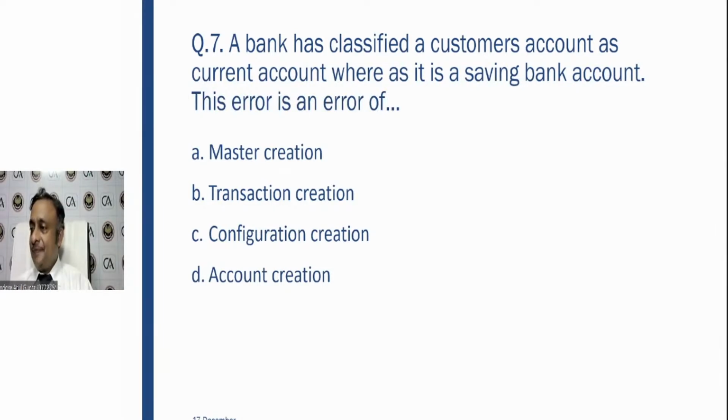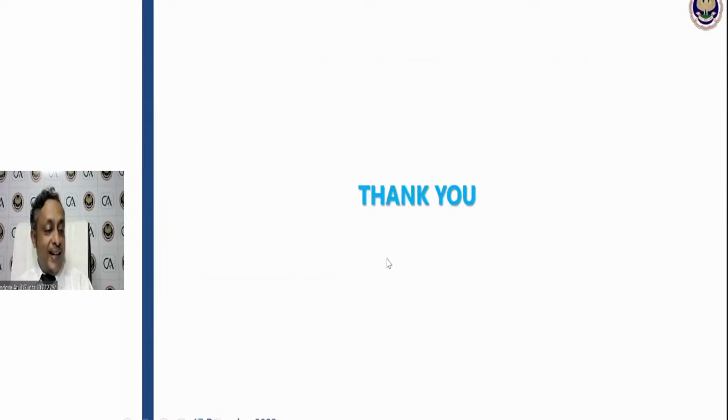Yeah, C. Okay. So 7th, A. Yes. So who gets the chocolate? Uday and Pranav. Pranav. Yeah. A, master creation. So that was day 2.